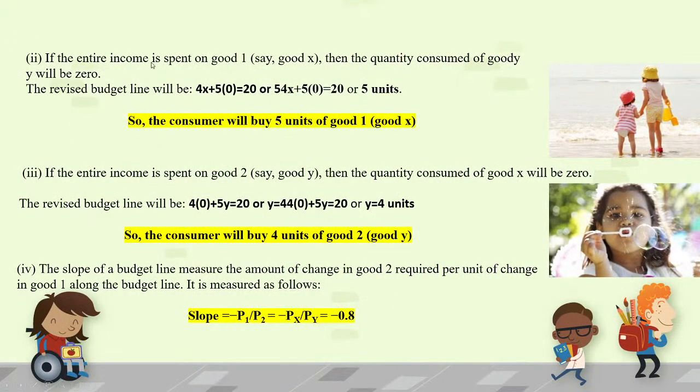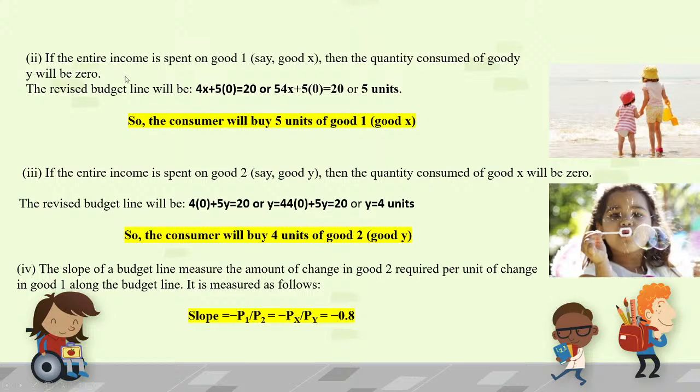Similarly, if the entire income is spent on good 1, which is good x, then what will be the quantity of the second good if no income is being spent on that?